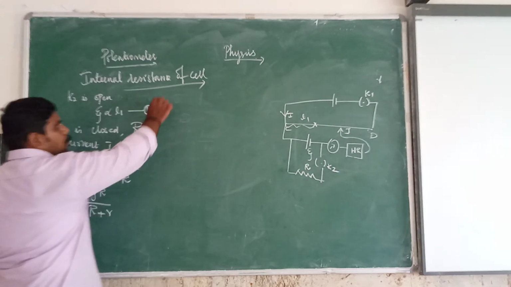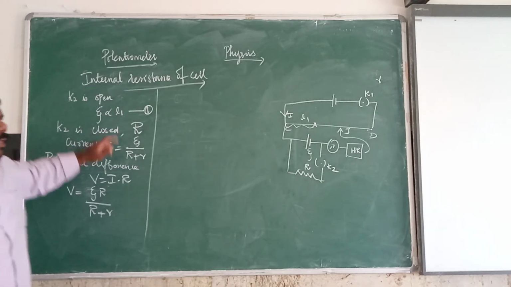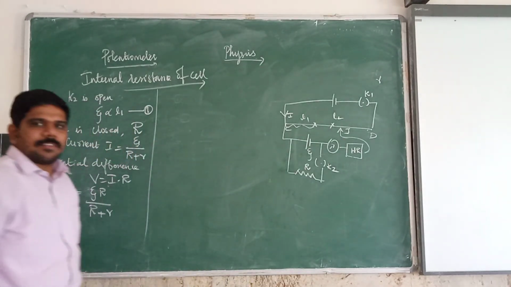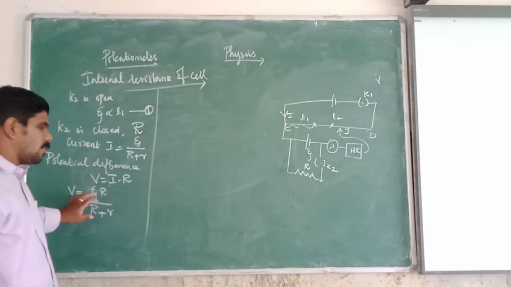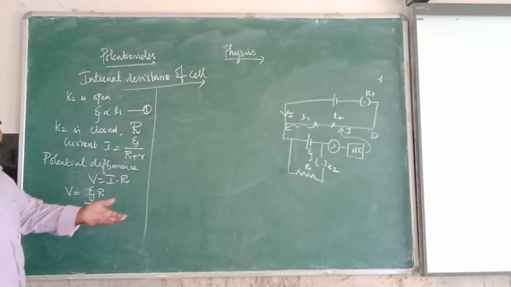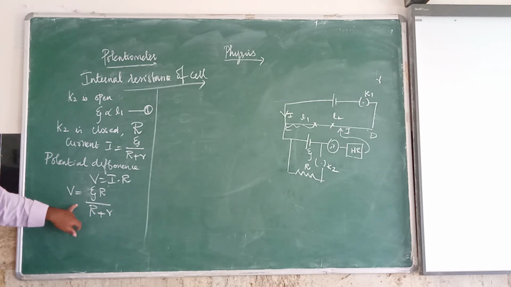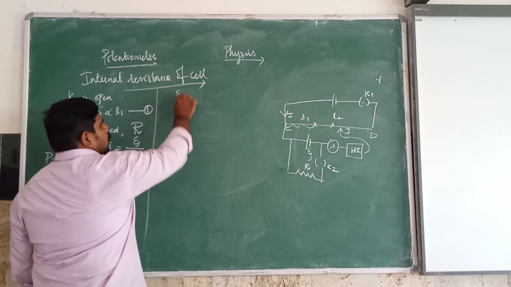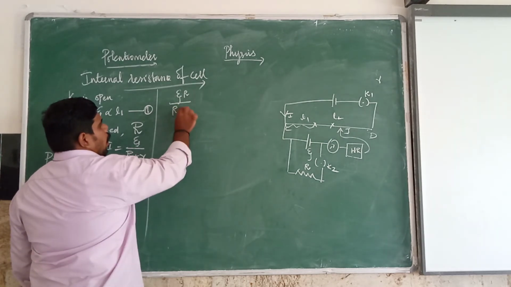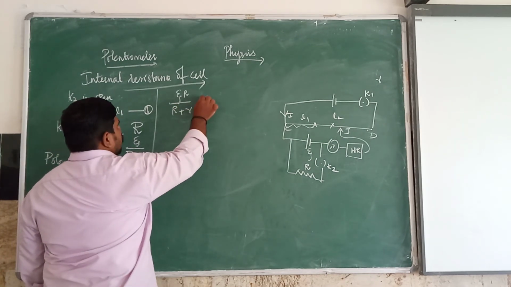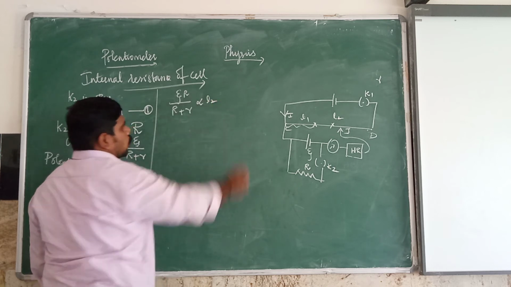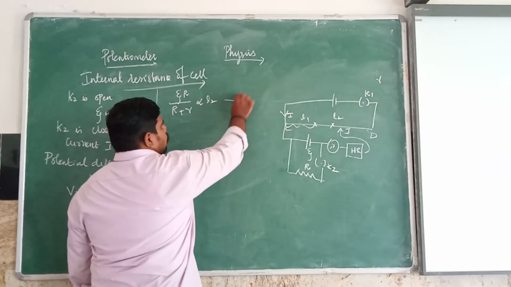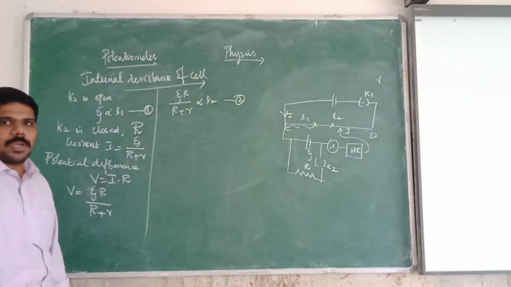For the second part, when the key K2 is closed, the balancing length will be L2. So V is directly proportional to the balancing length L2. So psi R by R plus r is proportional to L2. This will be equation number 2.